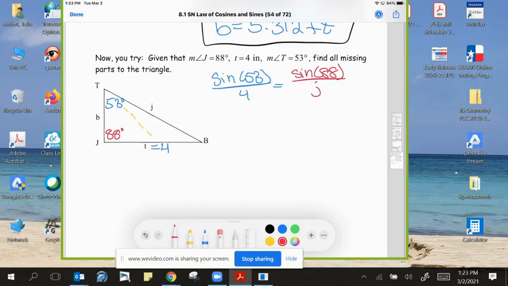All right, solving that. We'll multiply 4 by sine of 88, and then we'll end up dividing that by sine of 53. And that's j.